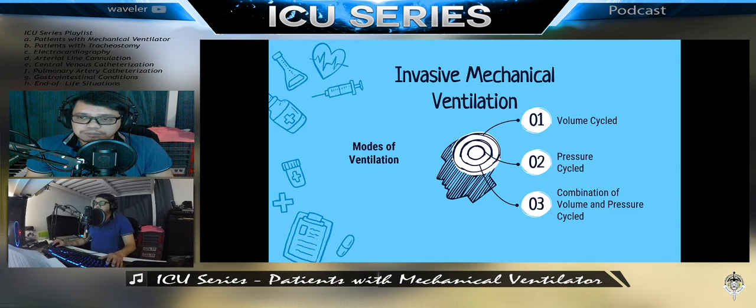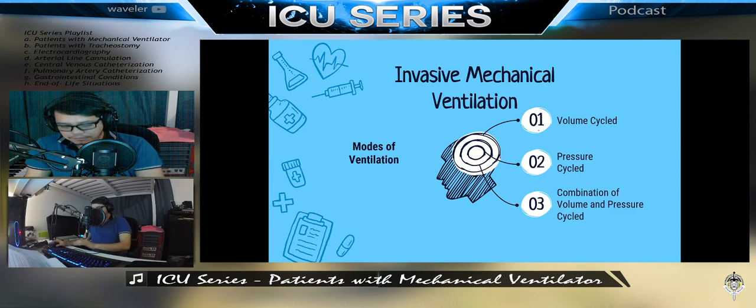No minimum rate is set. And also sometimes, based on the assessment and findings of the intensivists and the respiratory therapists, they do combine volume cycled and pressure cycled to achieve good results.